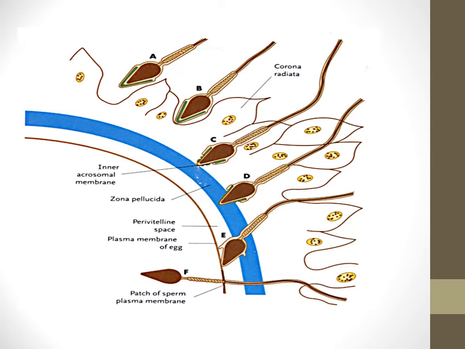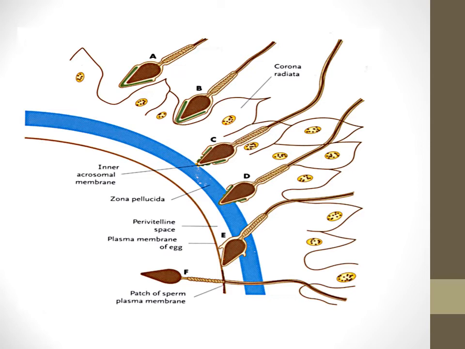This is another diagram showing in detail all about the fertilization, how a single sperm fertilizes an ovum. In one ejaculation there are many millions of sperm, but only one sperm becomes capable of interacting with the ovum and fertilizing it.